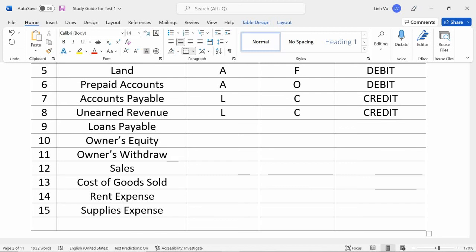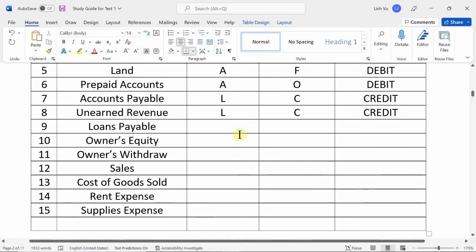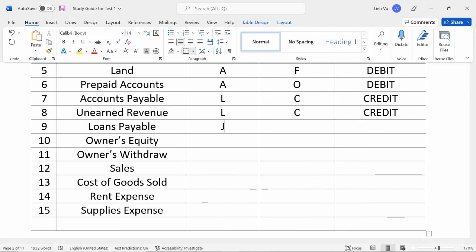Okay. What about a loans payable? Okay, that's liability. That's for sure a liability. And that should be a long term. That should be long term because usually most small business loans minimum is at least 3 years to pay back.